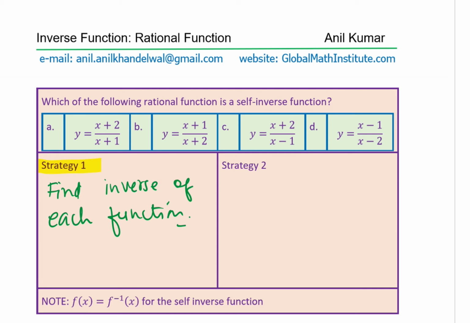Now, there are four of them. Finding the inverse of each of them may take time. So sometimes that may not be a good strategy, but that is definitely a method of doing it. We'll also take this up later. So check it later.